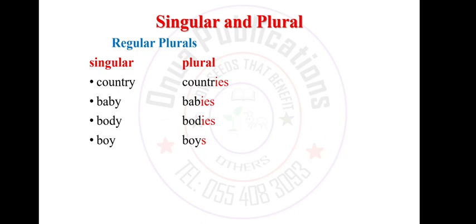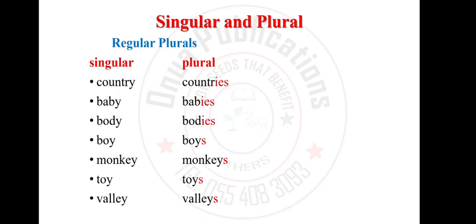So O being a vowel, we say boy, boys. Monkey, monkeys, because E comes before letter Y and E is a vowel. We then say toy, toys, because O is a vowel. So S comes straight away. We have valleys.